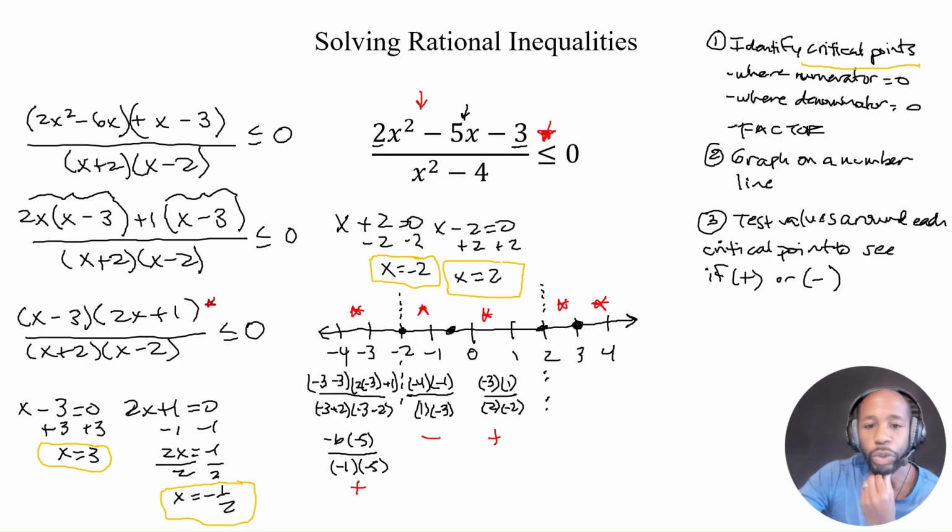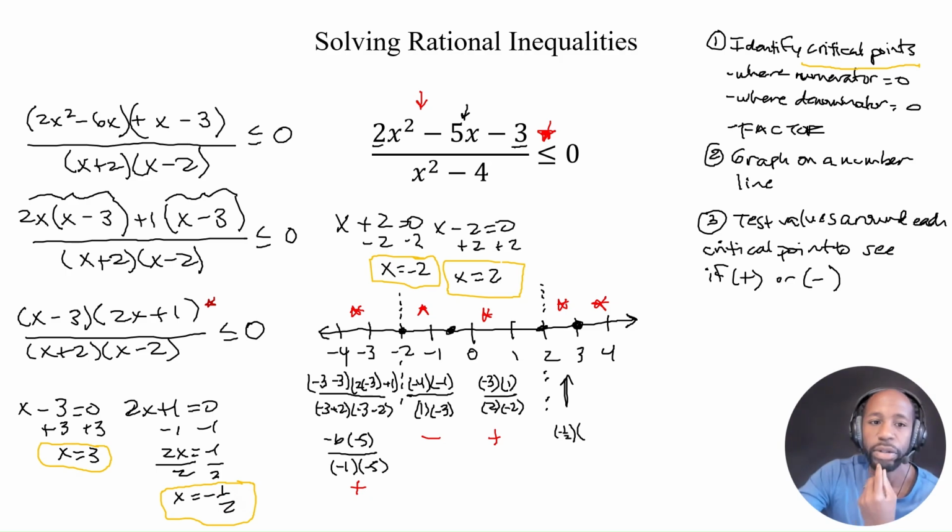Okay, next we're going to do between 2 and 3. Let's pick 2.5. So 2.5 minus 3 is -1/2.